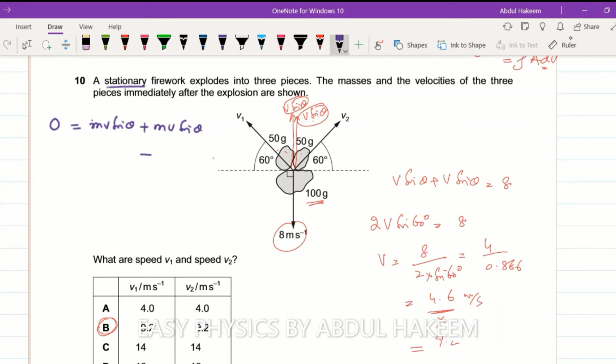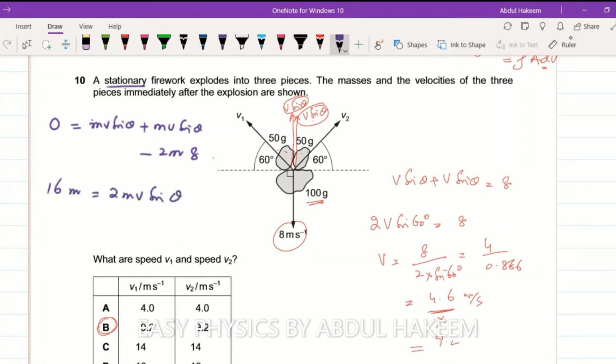This mass is double, so it is m times 8. Now m is 50 gram, so it can be written as 2 into 8. It is 16. So 16m is equal to 2mv sine theta.